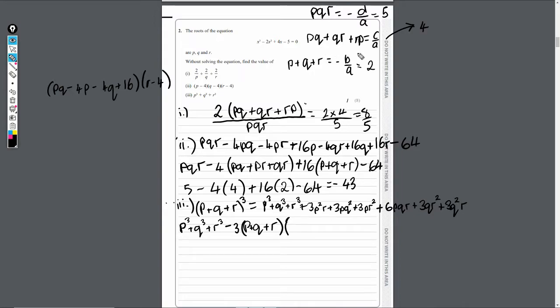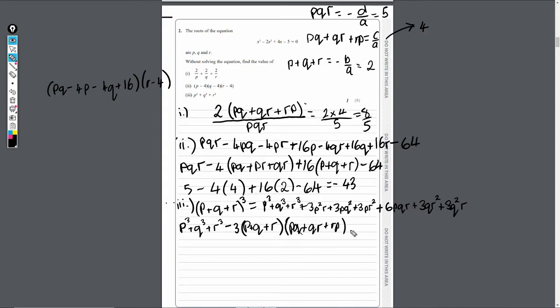The reason for that is because when I times it through by this bracket now, I want it to give me the squared terms, okay? Whereas if it was PQR, for example, it wouldn't be particularly pleasant. I'd get every term in each multiplication, so that's not what I want. So it's going to be PQ plus QR plus RP.